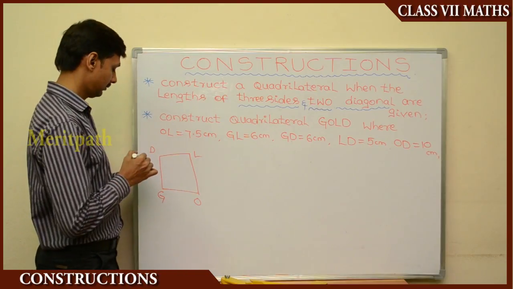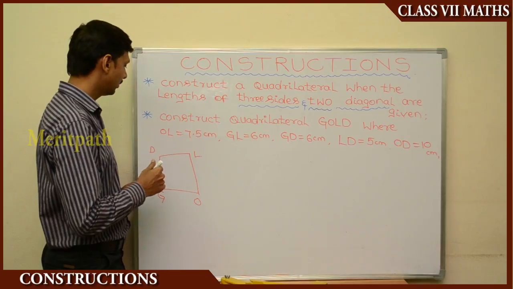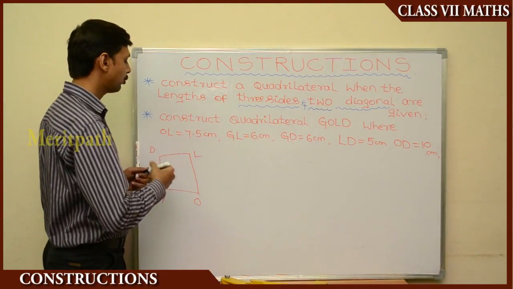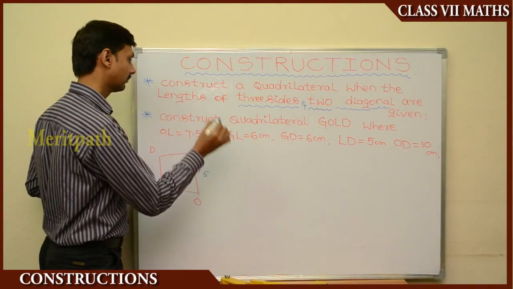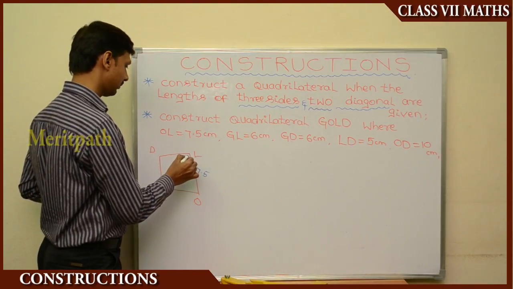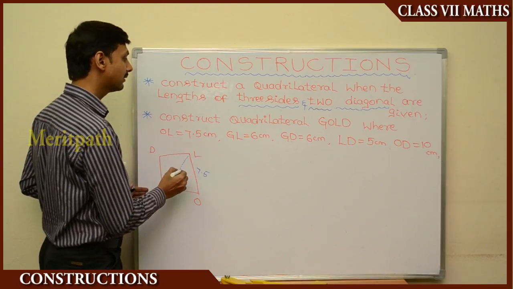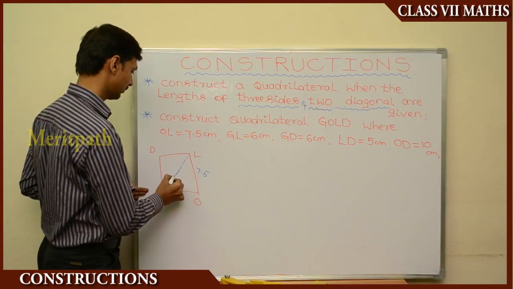is the quadrilateral. So let's see. GO, it's not given anywhere. OL, you know, it's 7.5 centimeters. And GL, you know GL, this is a diagonal of the quadrilateral.